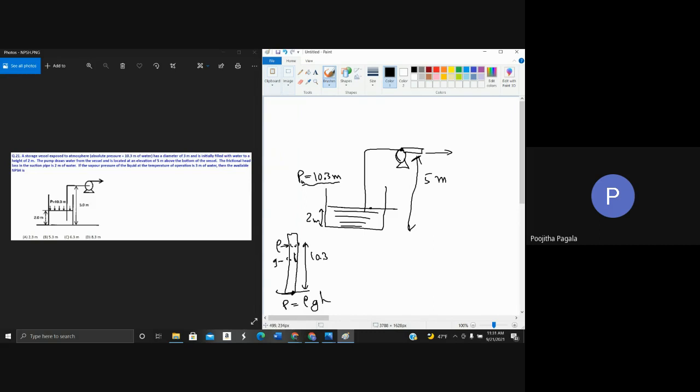We know the pressure at the suction inlet, let it be PS, and the pressure here is PA. So the equation is going to be PA by rho g plus V1 square by 2g plus Z1.